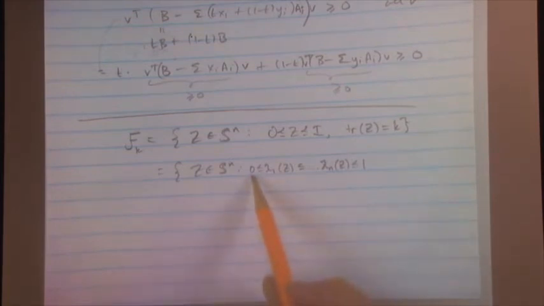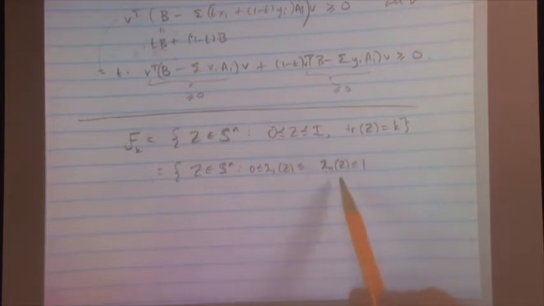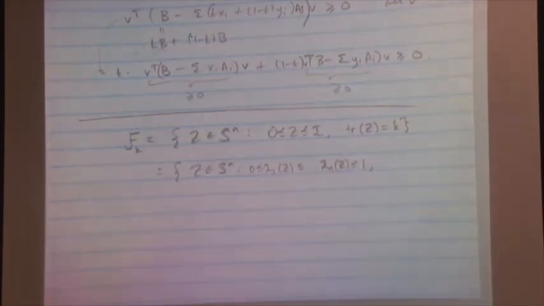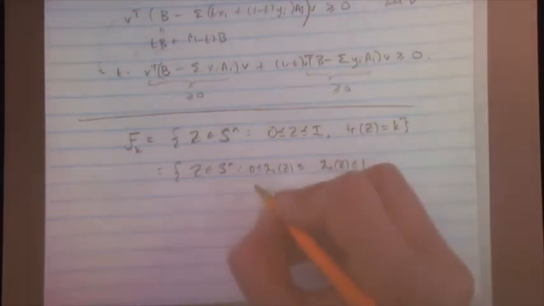That's because positive semi-definite means that they all have to be greater than or equal to 0, and I minus Z positive semi-definite means they all have to be less than or equal to 1. And what's the trace of a matrix? It's the sum of the diagonal entries of the matrix, but we also know from a fundamental property that it's the sum of the eigenvalues.